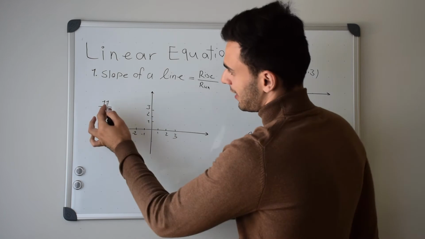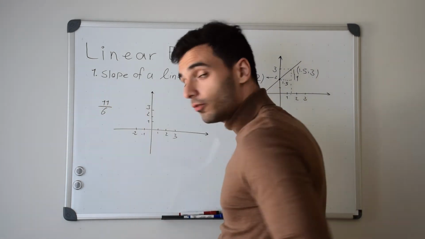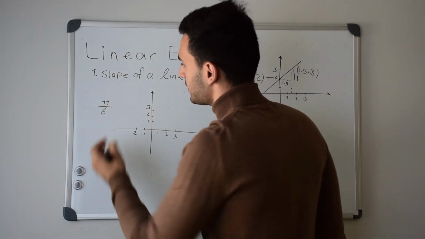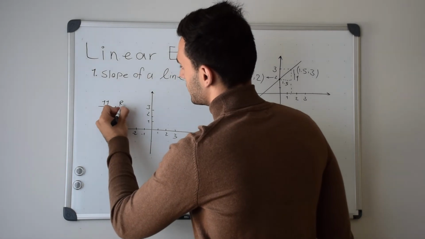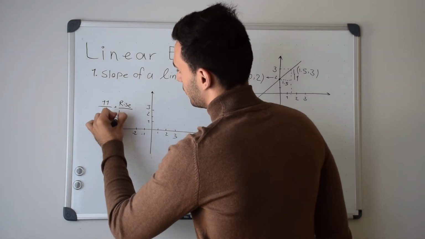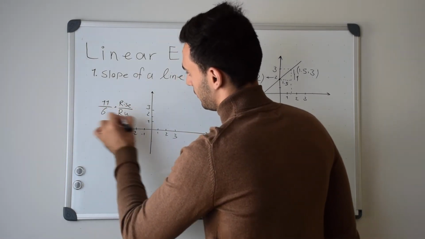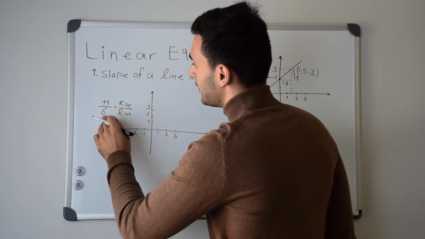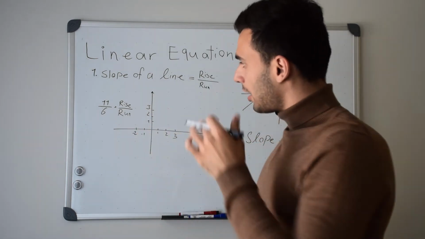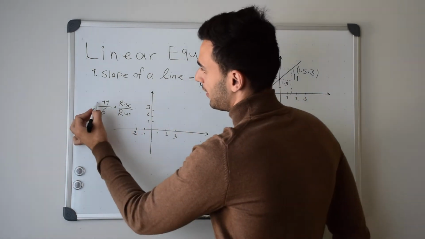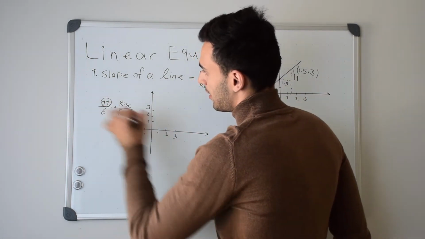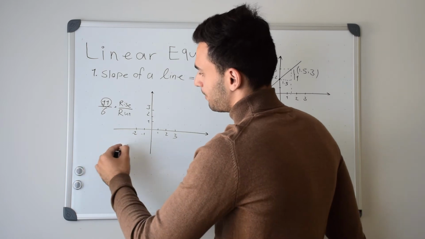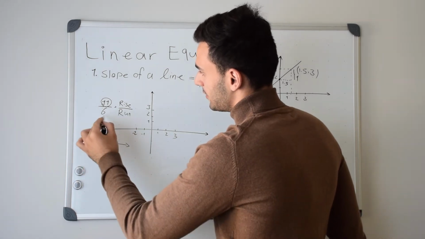So what we can get from here? 11 over 6 means the rise over run is 11 over 6, right? 11 divided by 6. So it means the line goes up 11 units and goes to the right 6 units.